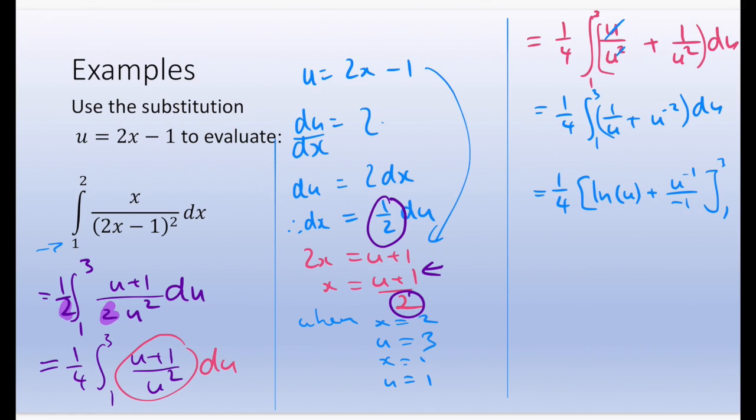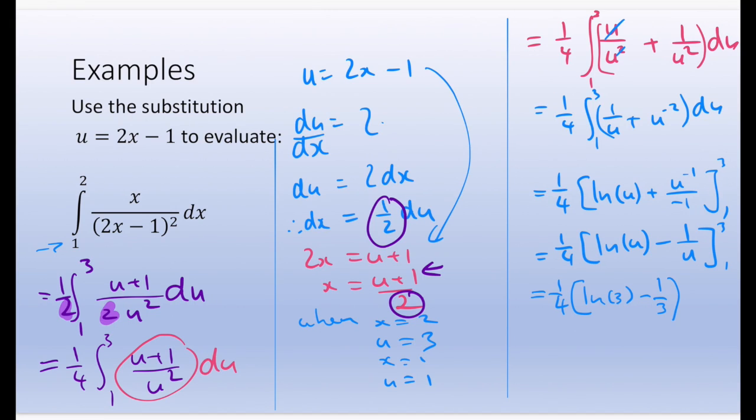So we can make that nicer. We can go a quarter log u minus 1 over u, 3 and 1. And if we substitute this in, we end up getting a quarter log of 3 minus a third.